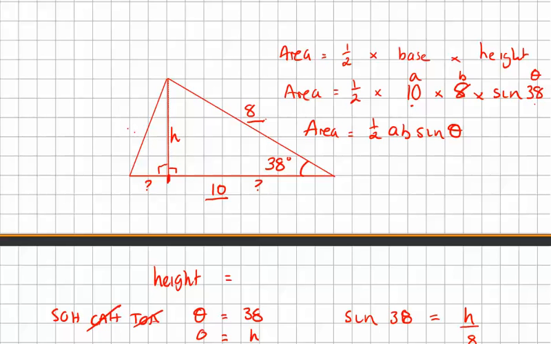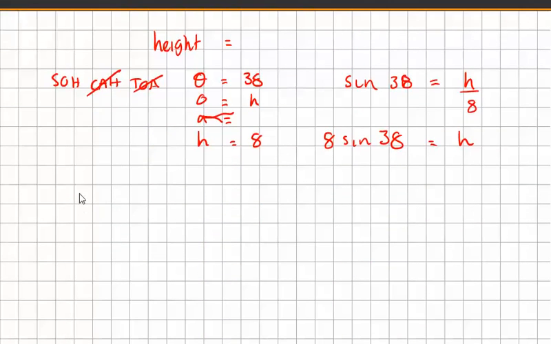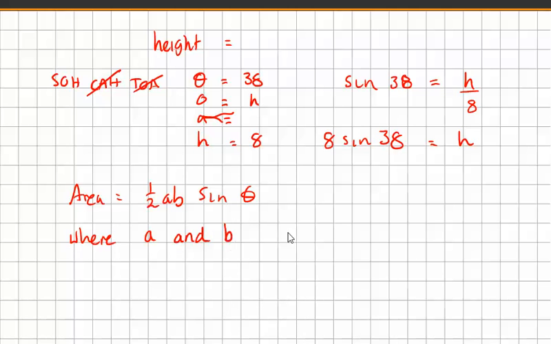But what is important is which sides are used as a and b. So, we can say the area equals a half ab sine theta, where a and b are, what would you say?